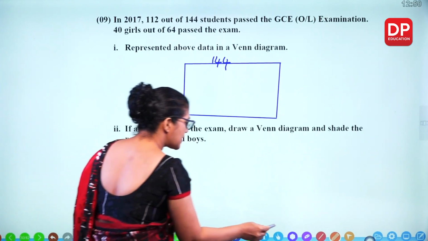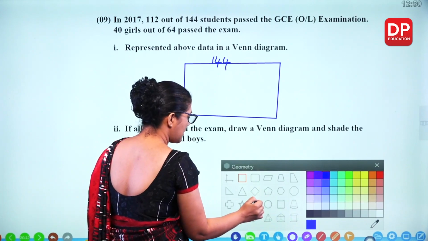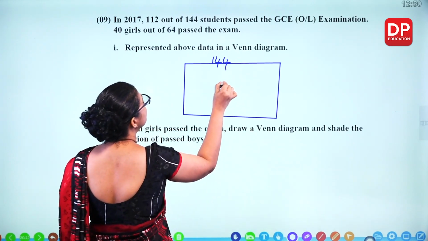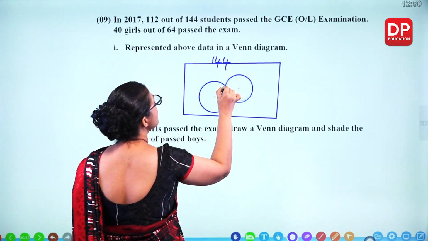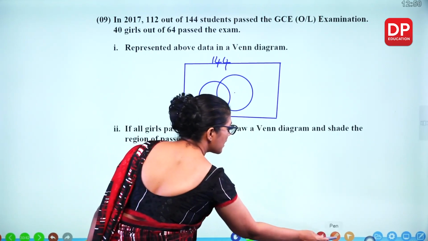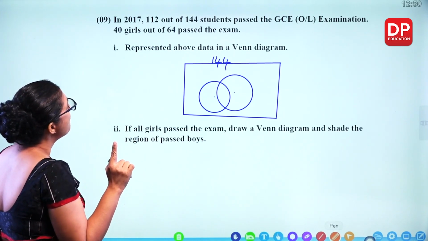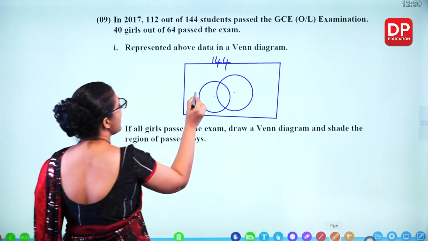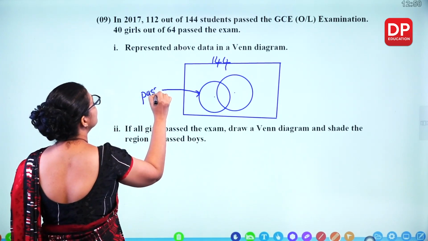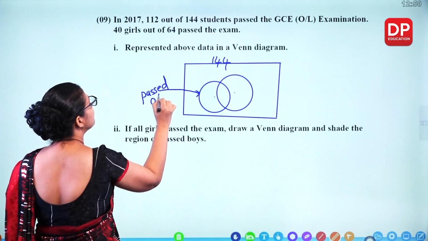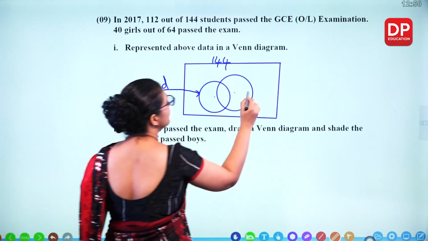So you need a circle there. So I'll take a circle. One circle here, another one circle. I'll take like this. So one circle is passed GCE O-level exam. So this is passed O-level. And the other one is girls.